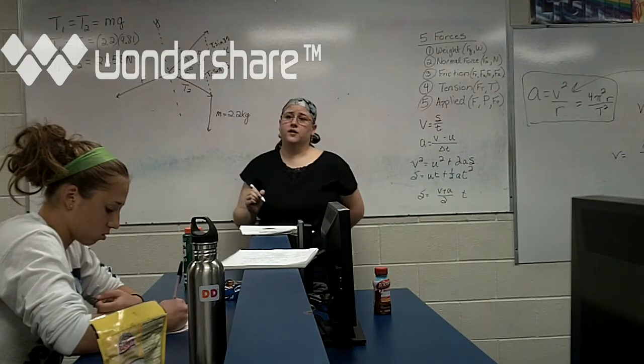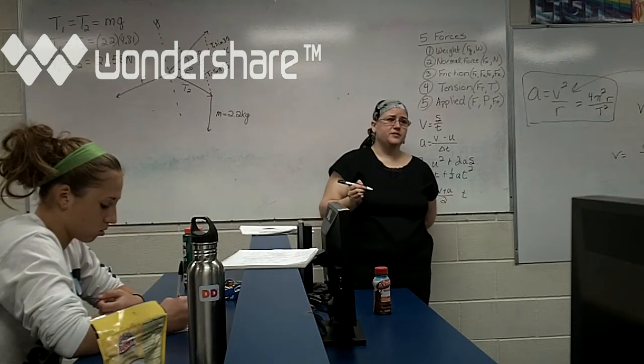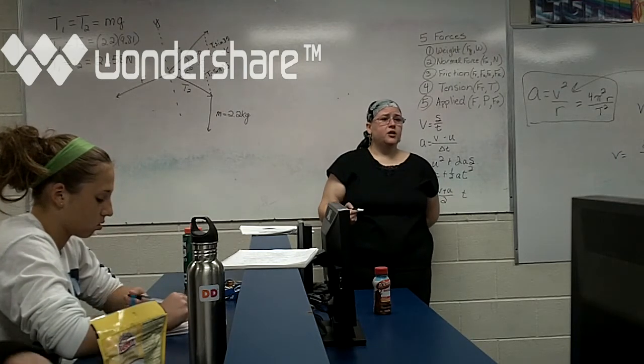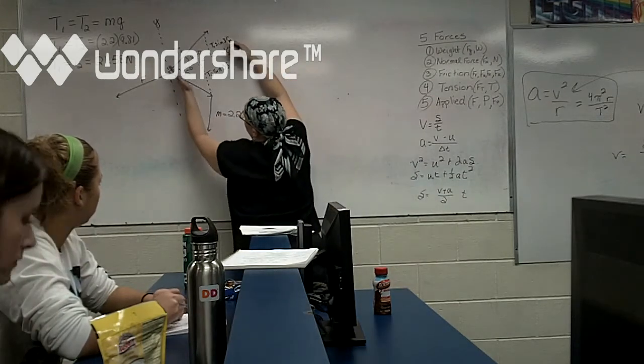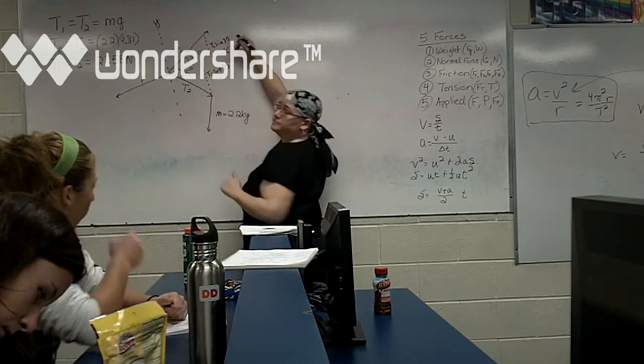So if you weren't sure, notice that these are the verticals, right? With our tilted axis, these are our verticals right there.